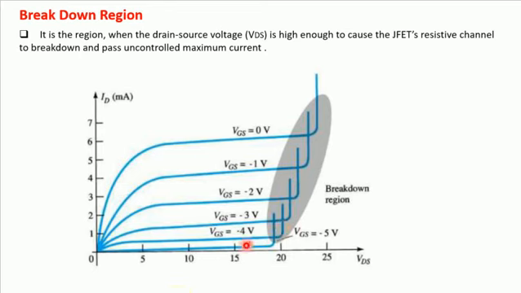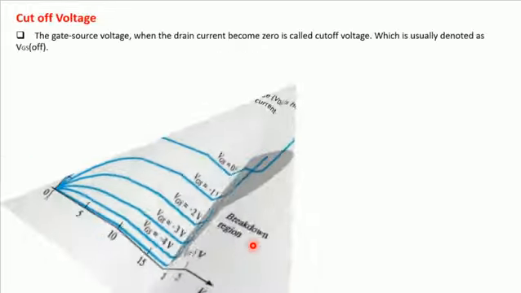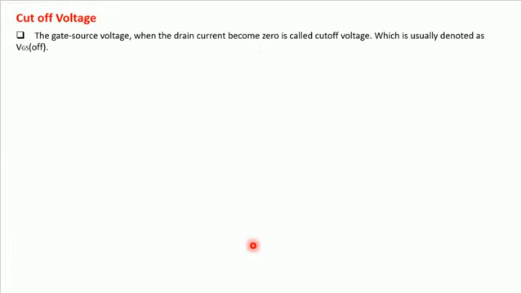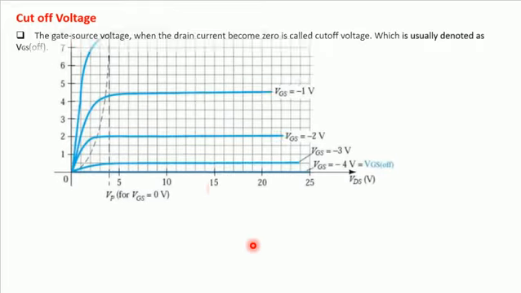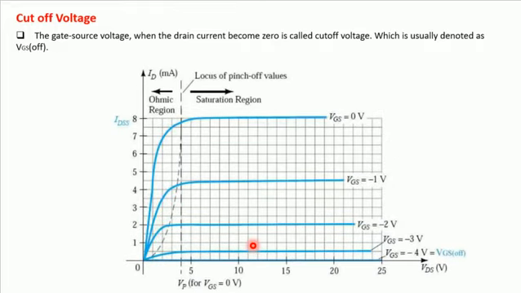So this is called the breakdown region, and after that is our cutoff region. We have already discussed that the gate source voltage at which the drain current becomes zero is called the cutoff voltage, usually denoted as VGS(off).